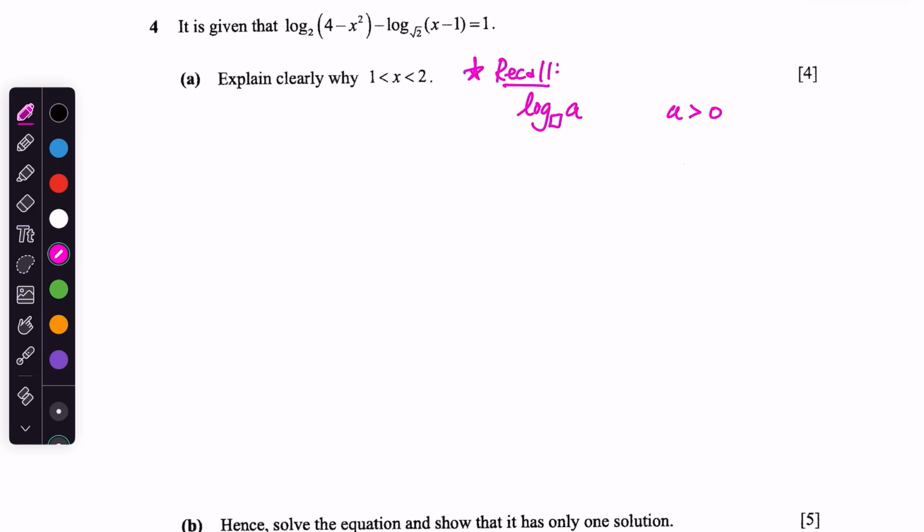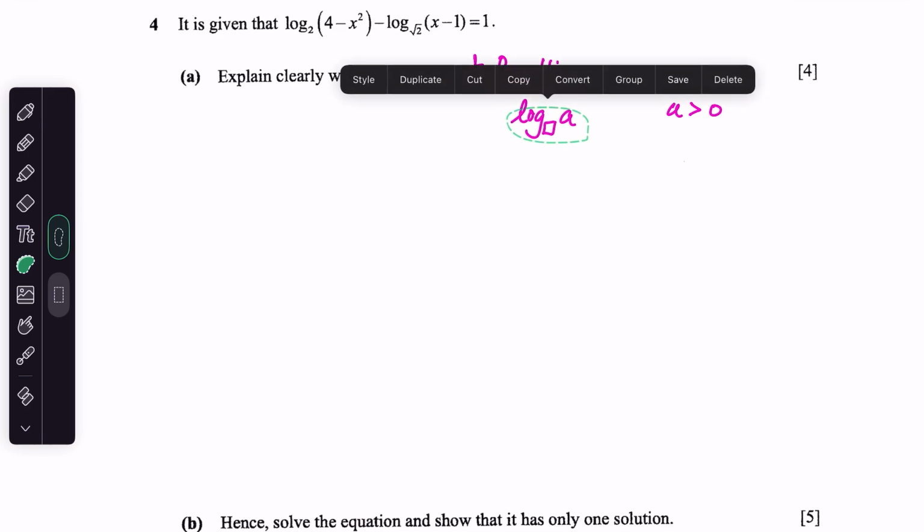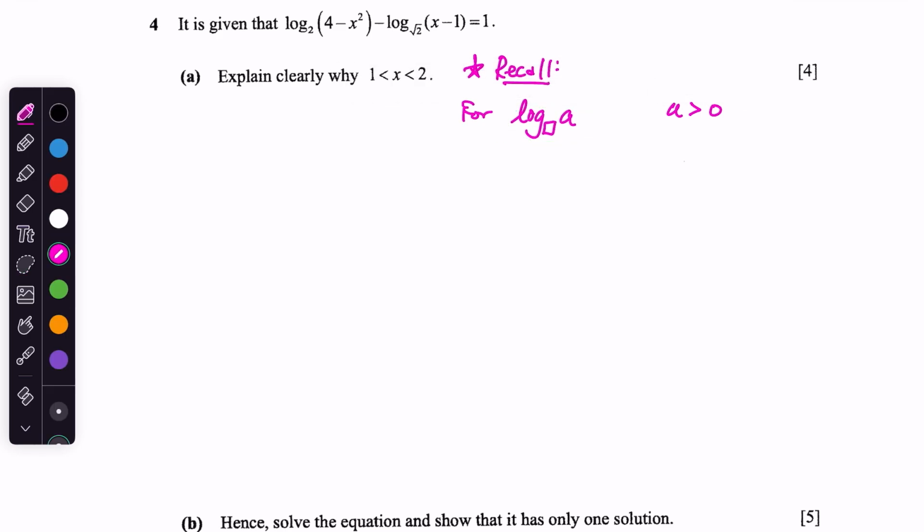Okay, so in order for log base whatever a to be defined, a must be more than 0.